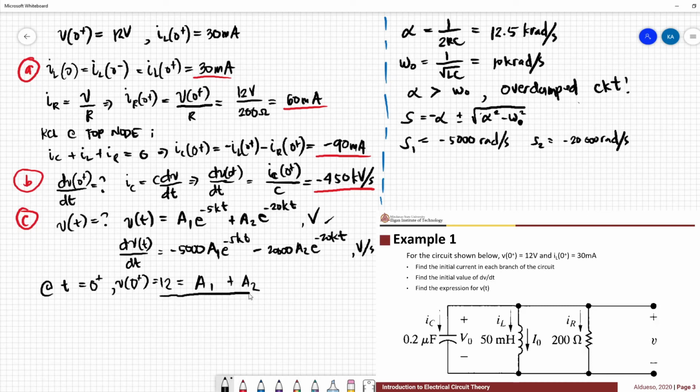We have our first equation. Our second equation, at t equals 0+, dV/dt at 0+ is equivalent to negative 450k, equal to negative 5,000 A1 minus 20,000 A2.